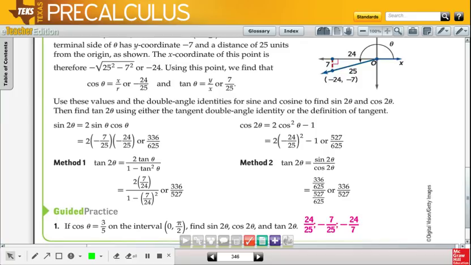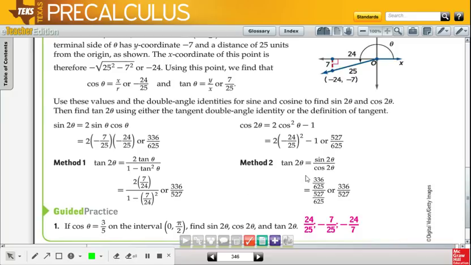On the top, you multiply by 2. On the bottom, you do 1 minus 7 over 24 squared. Always follow your PEMDAS. Do the square first. Then you get a fraction over a fraction, just like before. Rewrite it as a division of fractions, and then write it as a multiplication of fractions. Once you do that, you will have 336 over 527.